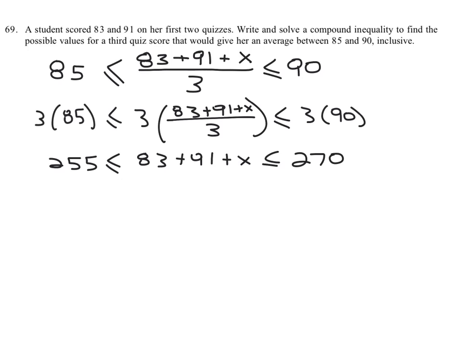Okay. Right now I'm going to add these two values together right here. When I add them together, then that makes it easier to subtract them. So I'm going to say that's the same as 255 is less than or equal to 174 plus x, which is less than or equal to 270. And now we're going to subtract 174 from all parts.